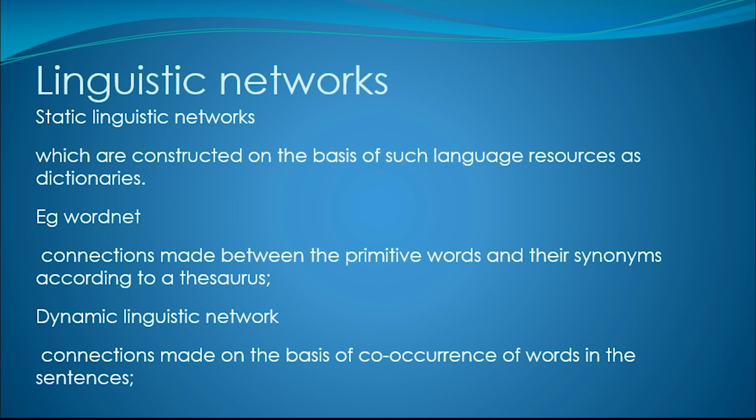I get a network. That's a static network that doesn't change. Synonyms don't change; that changes only when the language evolves. WordNet, have you used WordNet? WordNet is again an example of a static network.